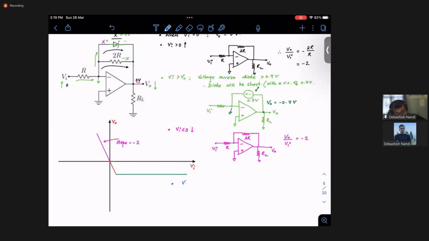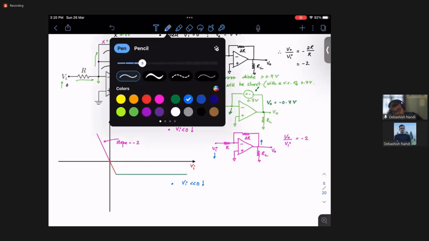Now say Vi is much less than 0, and it is reducing. So at one time your V out is reducing as I am reducing, or I would say rather your Vi is increasing in the negative side.